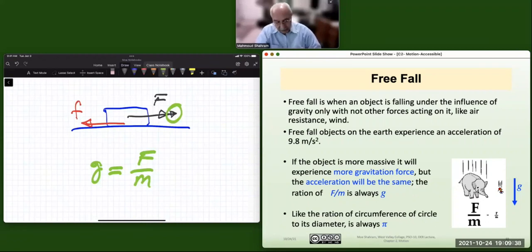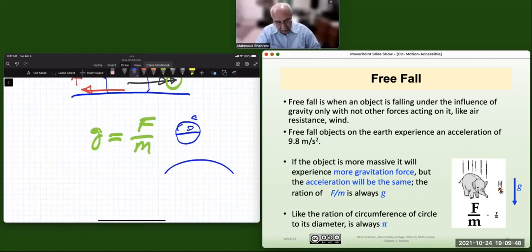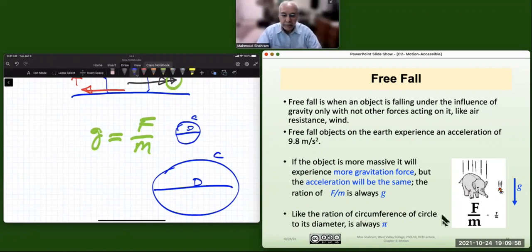So if you have a small circle with this diameter and this circumference, and you have a large circle with a larger diameter and larger circumference, the ratio of this is always pi.